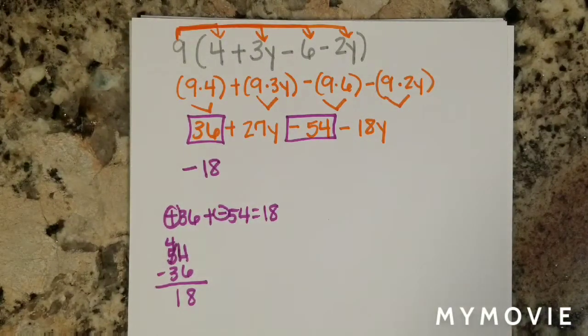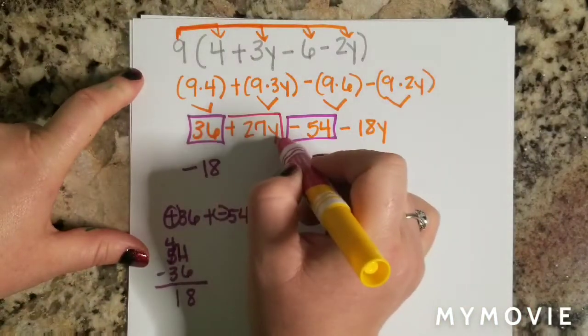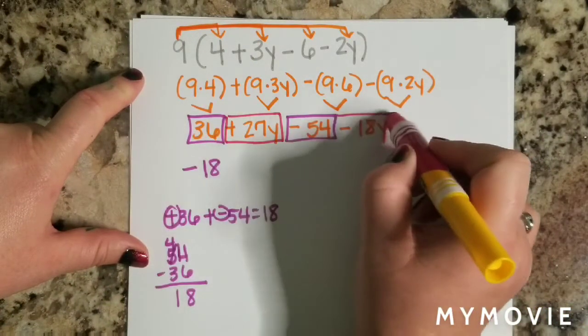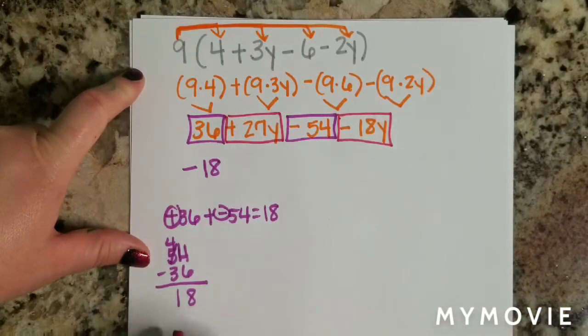And now I see that I have also two like terms. I have positive 27y and negative 18y. So positive 27y plus negative 18y.